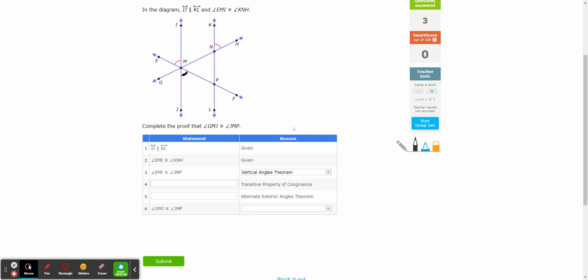All right. So since that is congruent to EMI, and I know EMI is congruent to KNH, I can say JMP is congruent to KNH. And again, make sure you use the tools they give you.